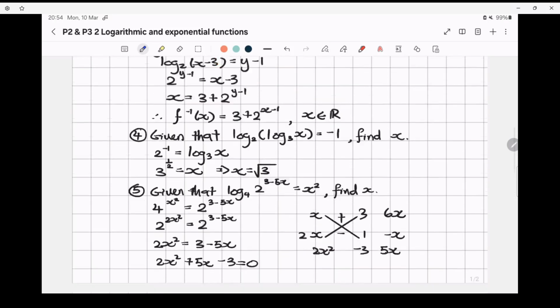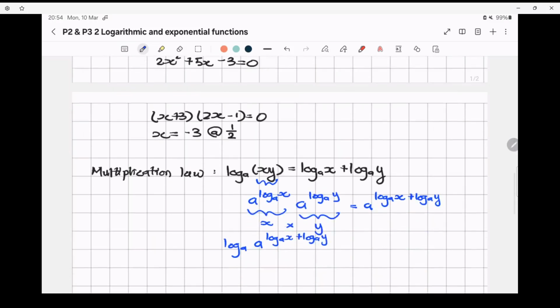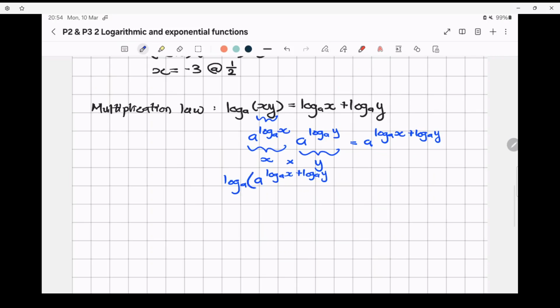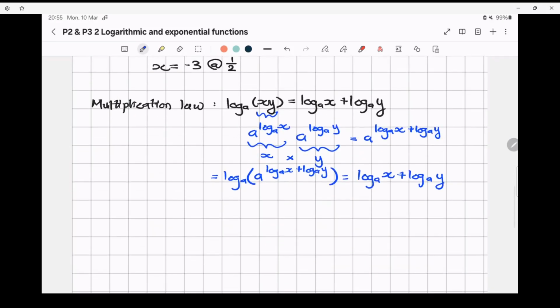So from the previous identity, which is this one, we can basically say that this is log base a x plus log base a y. So remember that this comes from the one on top, which is log base a xy. So that is your multiplication law.